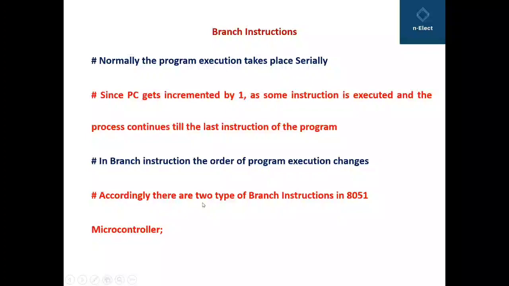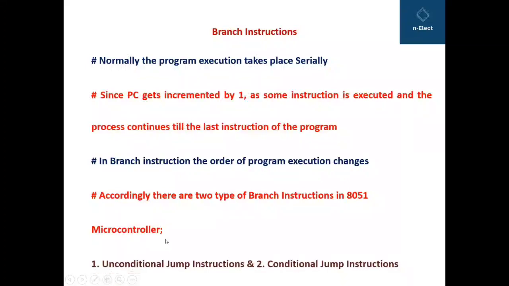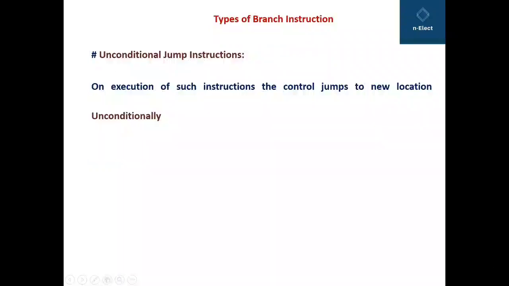Accordingly, there are two types of branch instructions in 8051 microcontroller. Type 1 is unconditional jump instructions, and type 2 is conditional jump instructions. From the name itself their idea is clear, but we are going to see it in detail.